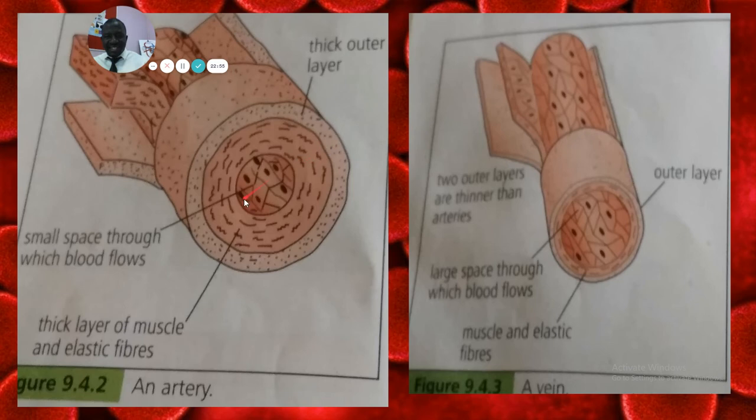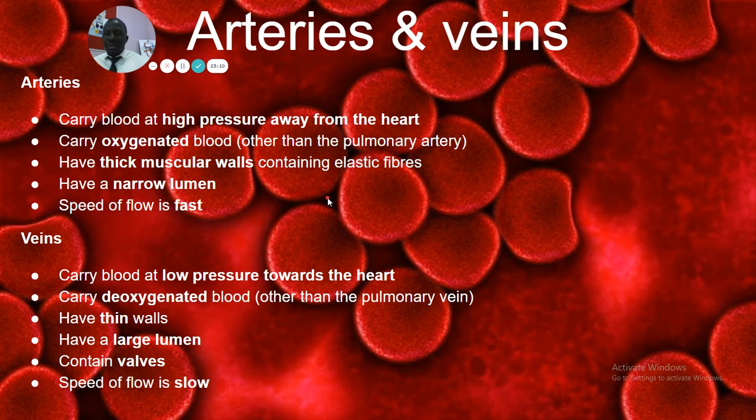This is elastic, thick, thin. And elastic, a smaller lumen, a large lumen. Small lumen, large lumen. Then we can also talk about valves.